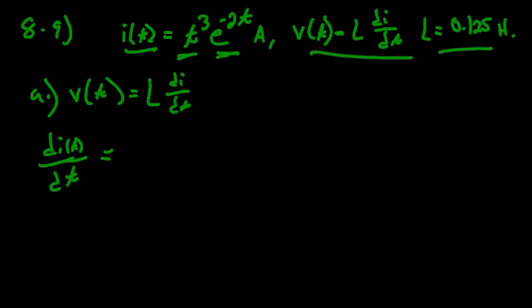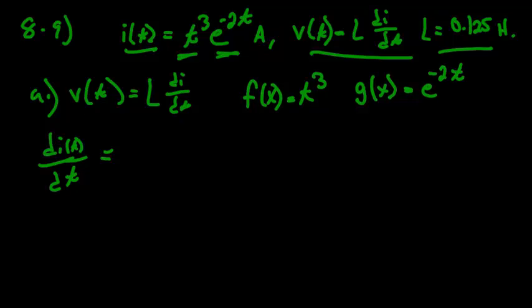So let's define that: f(x) is equal to t cubed, and g(x) is equal to e to the minus 2t. And we define the product rule.